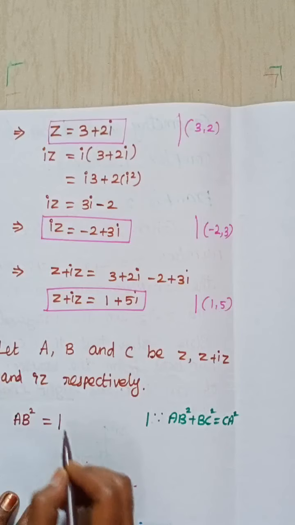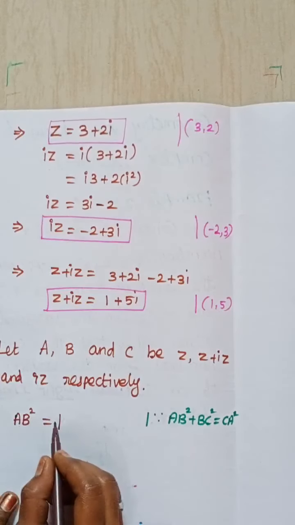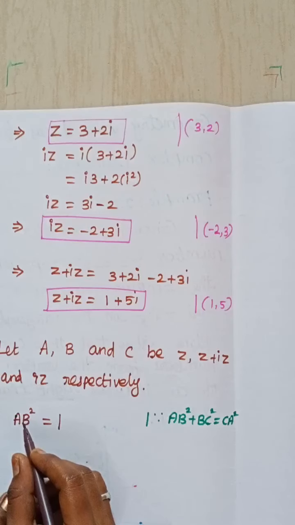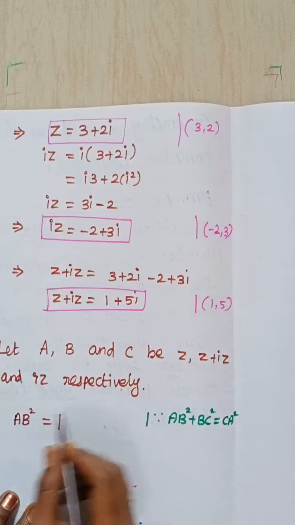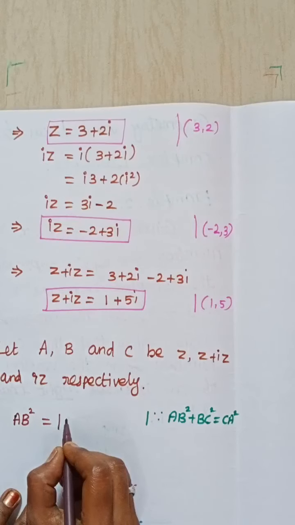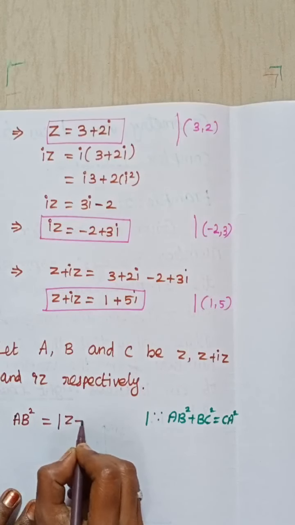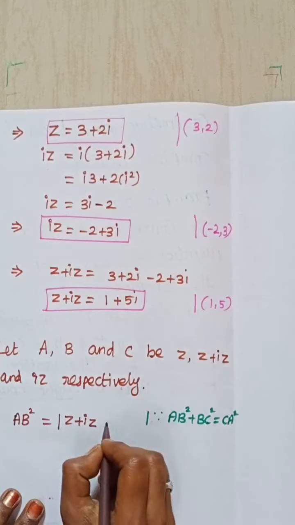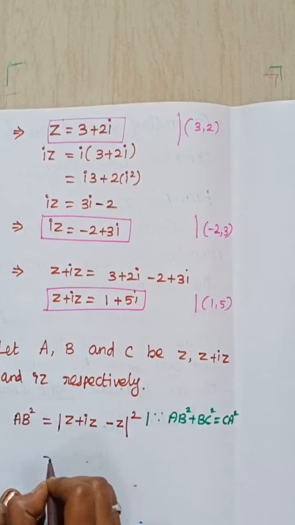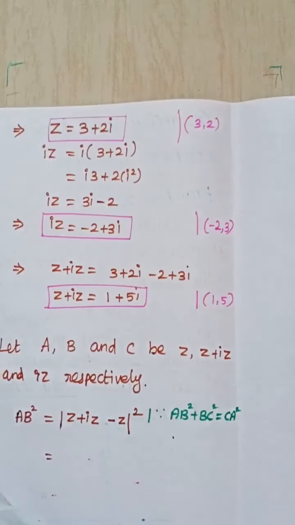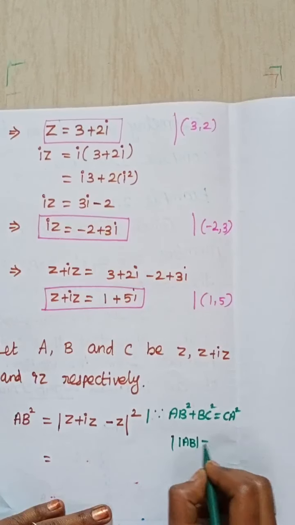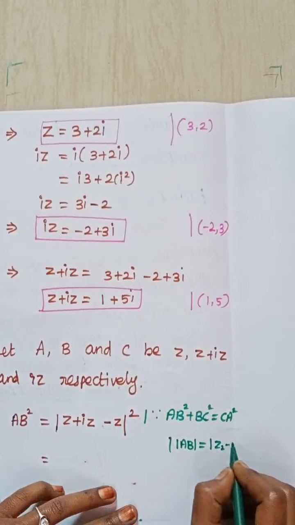Okay. Now consider AB square. AB square is nothing but AB the whole square. Here vertex A is z, B is z plus iz. So B minus A: modulus of z plus iz minus z, the whole square. See the formula: length of AB is equal to modulus of z2 minus z1.